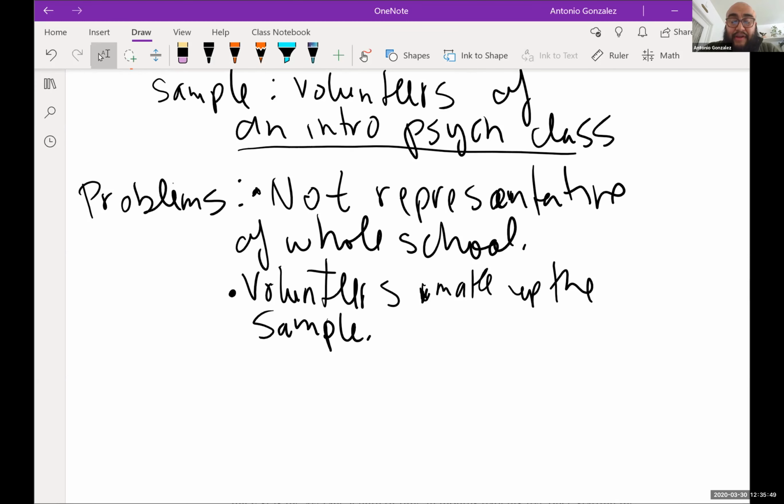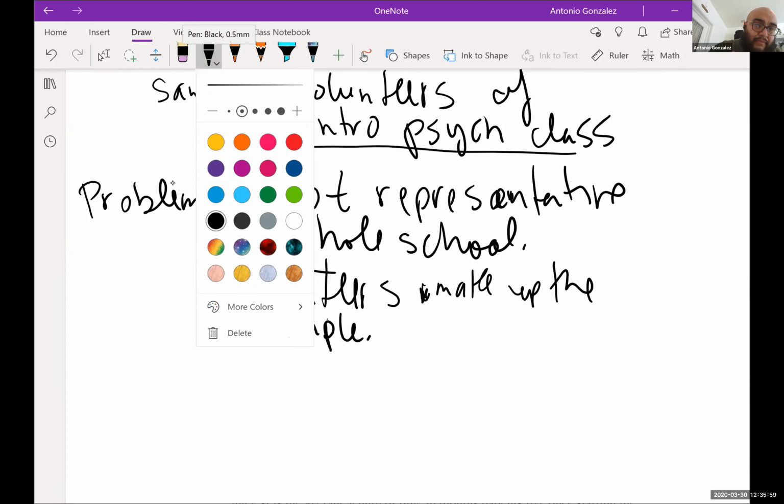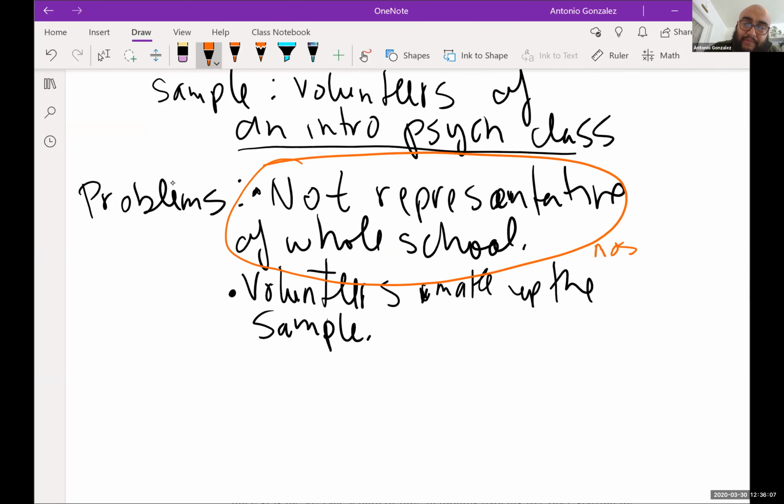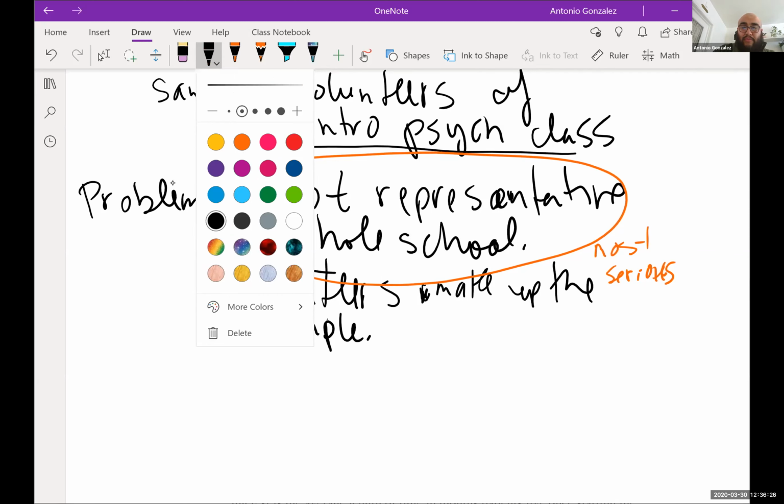So we say these are two major problems, and I would say the most serious one is this one here, since we want our random sample to include everyone, or give everyone in the population a chance to be chosen. Does that make a little more sense, Melody?